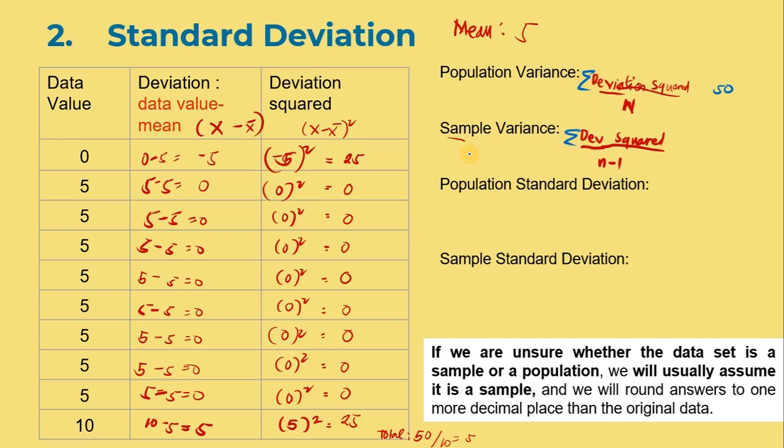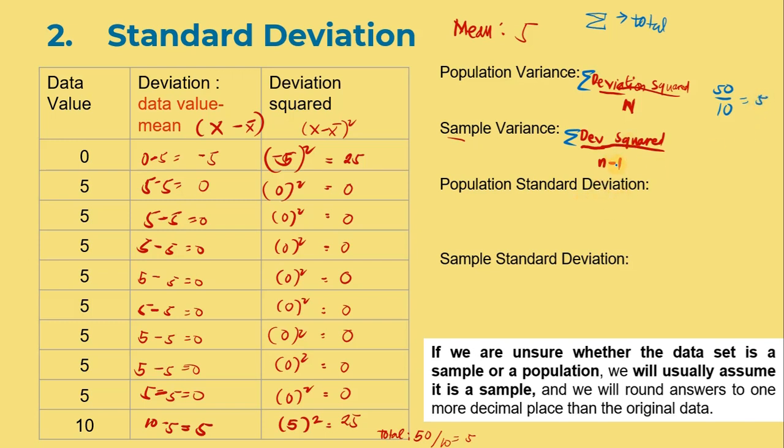The symbol for this is summation, the total. So you add all the deviation squared, and divide by how many there are. How many values are there? 10 values. 50 divided by 10, that's 5. Okay, that is the population variance.